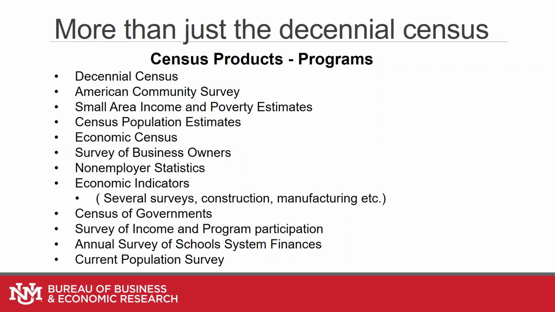Grant writers use this stuff to apply for grants because it's how you identify diverse populations that you're trying to access the grant for. They use the decennial census and the American Community Survey for that. Business owners use the economic census to look at how their business is doing and how their industry is doing.